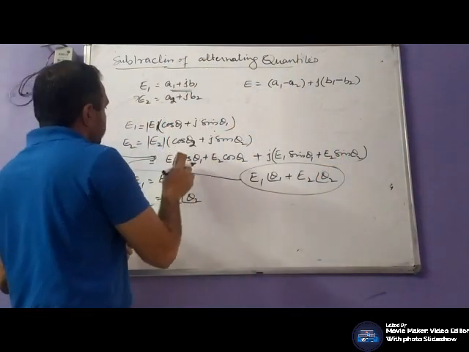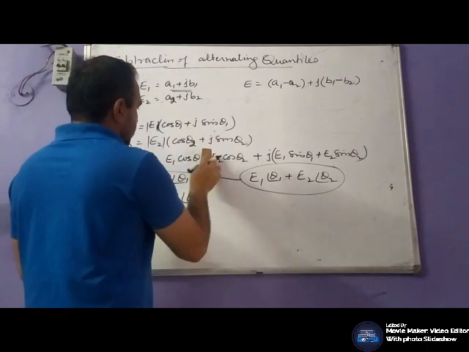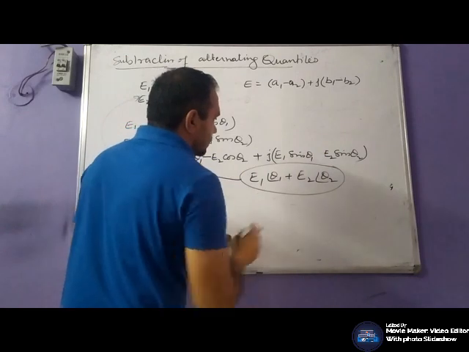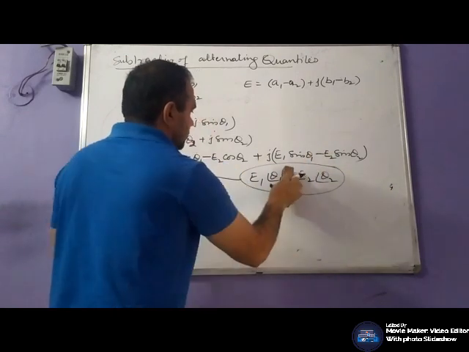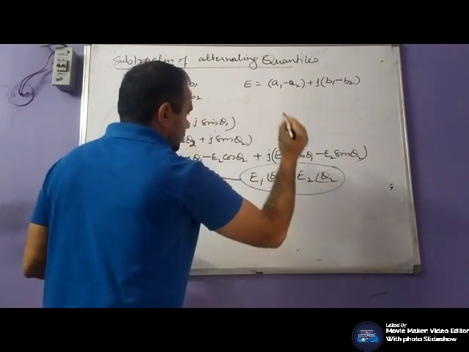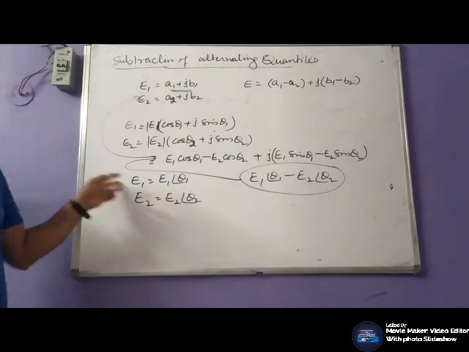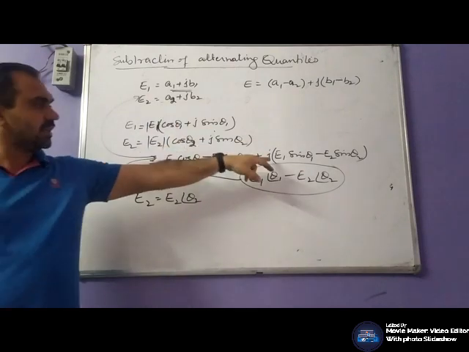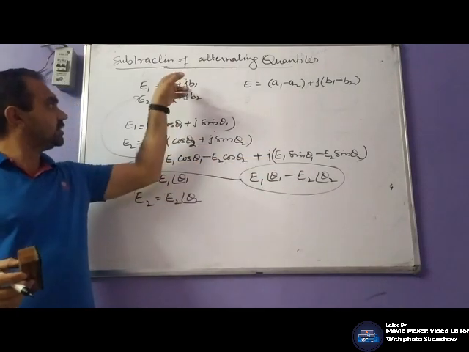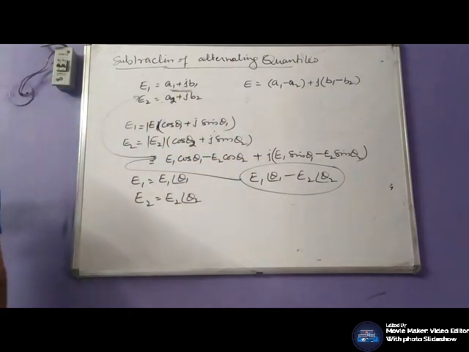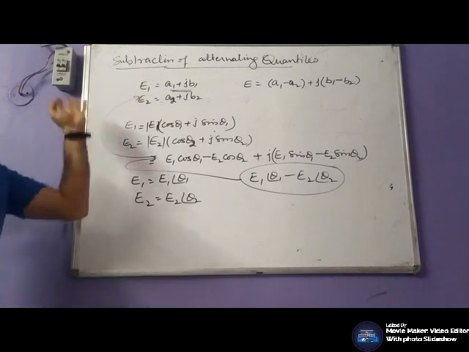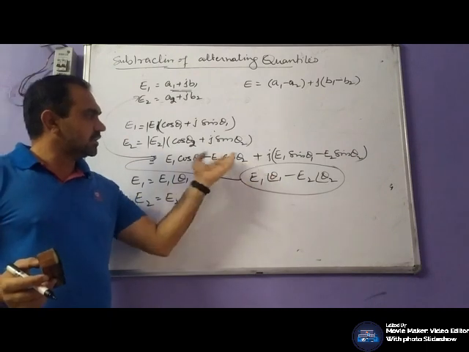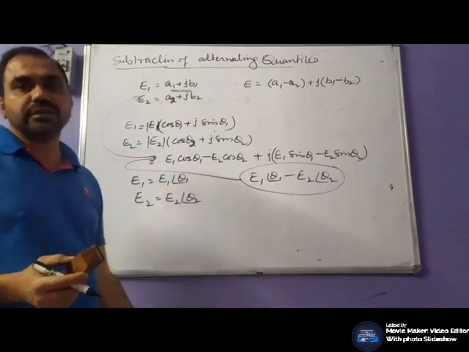Likewise here, what we have to do? First, go to the trigonometrical form, and that gives the result in terms of rectangular form, and then you can subtract. Because if you know the value of the angle, the sine of the angle you can find out easily.